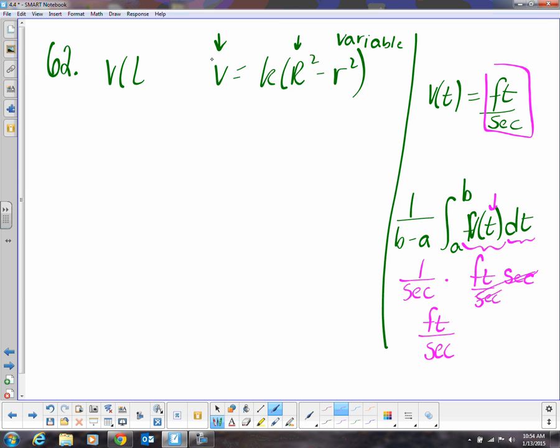So when you're given a rate function, and they ask you for average rate, then they're asking you for average value of that function, because your units, the time goes away, but now it's reintroduced. Are you with me?